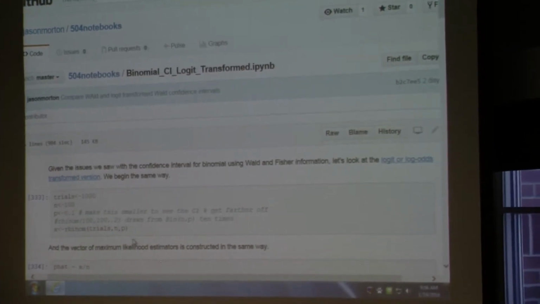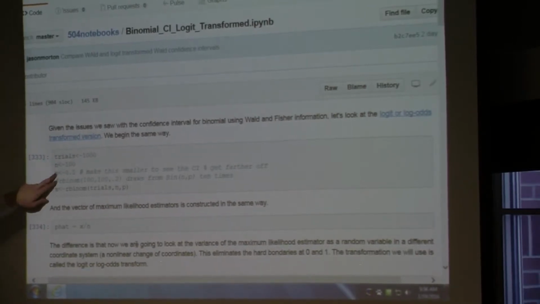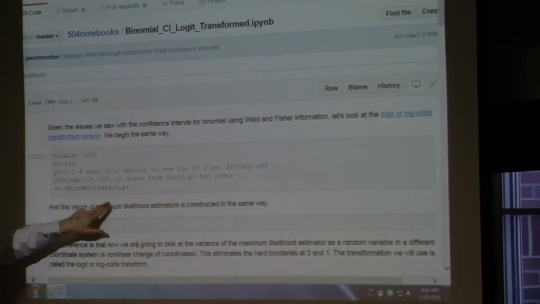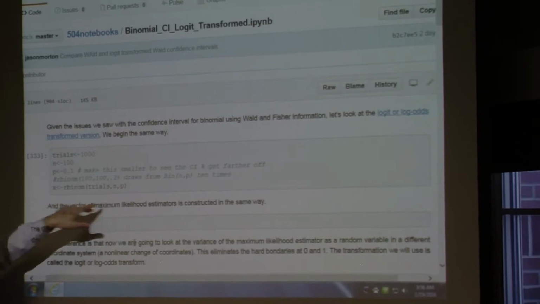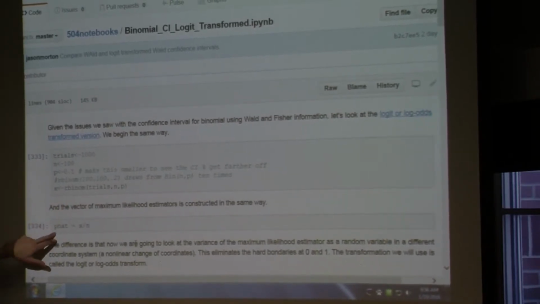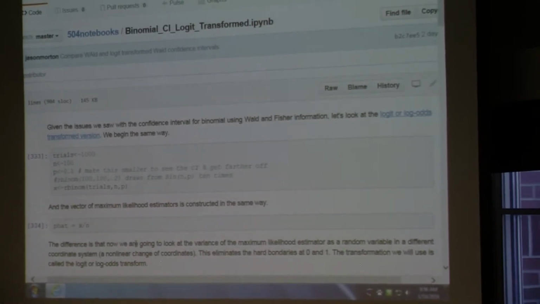So I start by saying I'm going to have some trials, 1,000 people, each of which threw 100 darts and has a 10% chance of hitting. Then I make a vector of outcomes, and then a vector of maximum likelihood estimates.